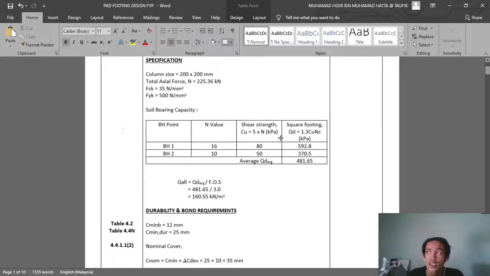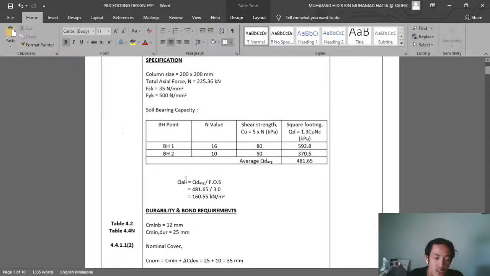Nc is from the Terzaghi formula, which we need to refer to for the latest one, with the value 5.7. Then we got this value, and we need to calculate the average of these two values.